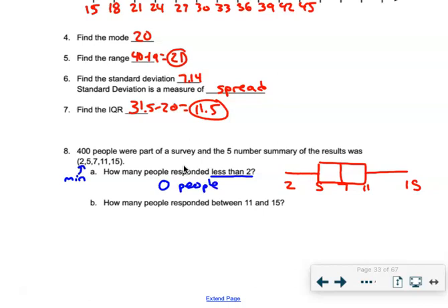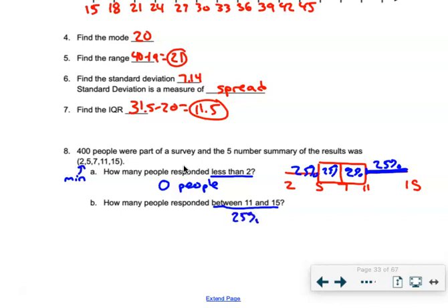Part B, how many people responded between 11 and 15? That would be this part of the box plot. We know that each part of a box plot is 25%. So each one of these pieces is 25%, including the piece that we care about. So 25% of the people responded between 11 and 15.